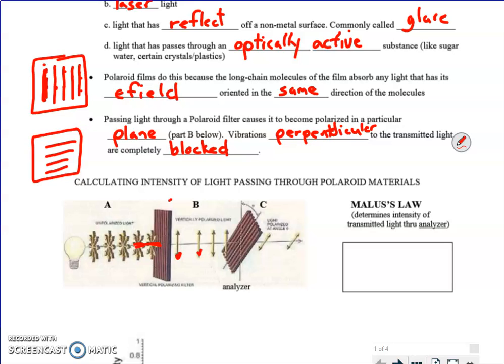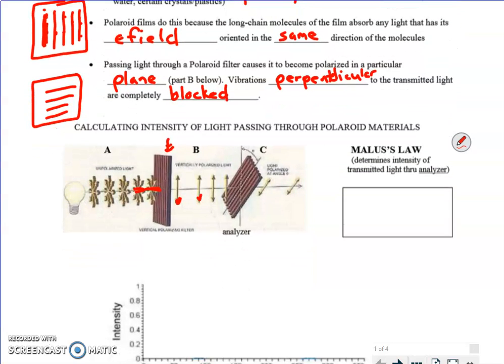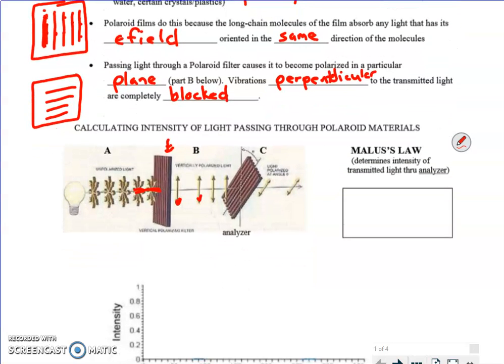The molecules actually give you the opposite effect, and I'll explain that more. So again, this Polaroid, right here, is oriented vertically, so anything perpendicular to it gets blocked, and only those that are vertical are passed through. Now, we can then put a second Polaroid there called an analyzer and then filter this even further.